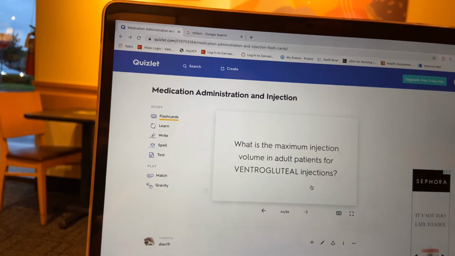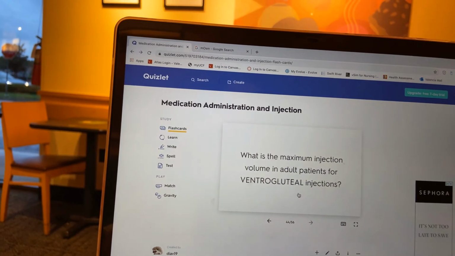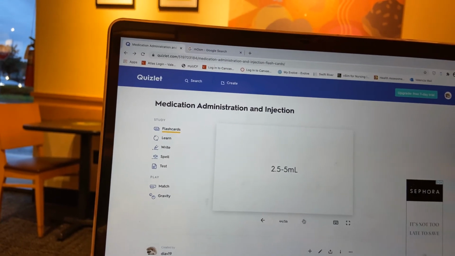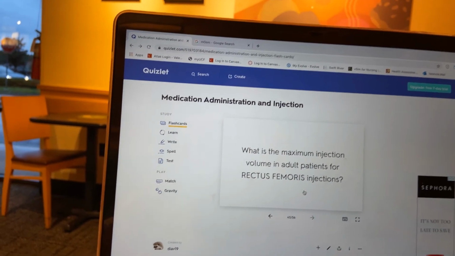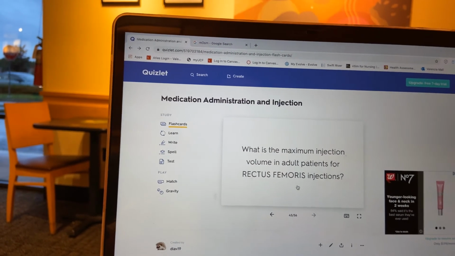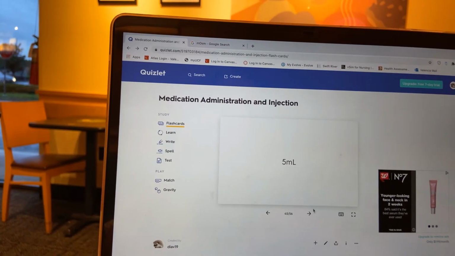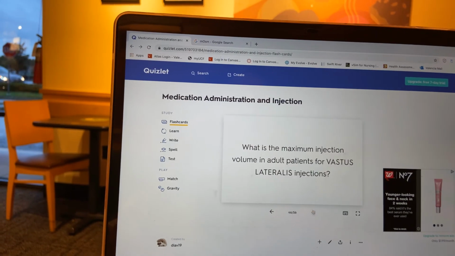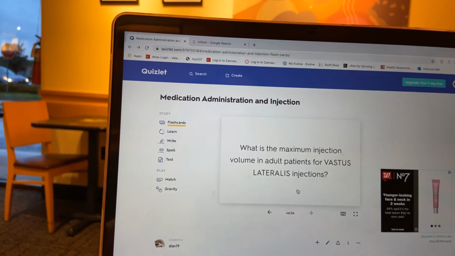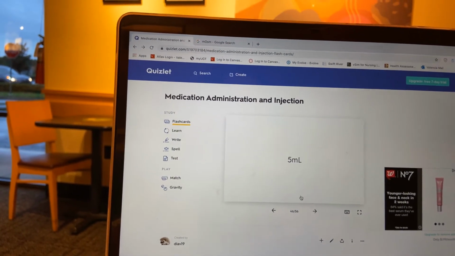For ventral gluteal injections? 2.5 to 5 milliliters. For rectus femoris injections? 5 milliliters. For vastus lateralis injections? 5 milliliters.